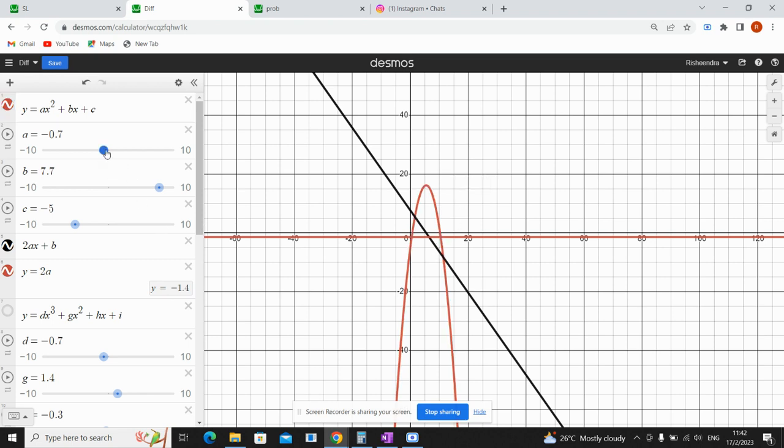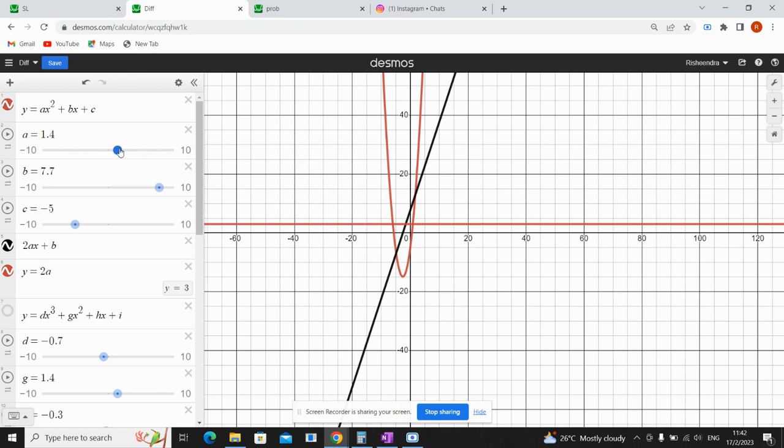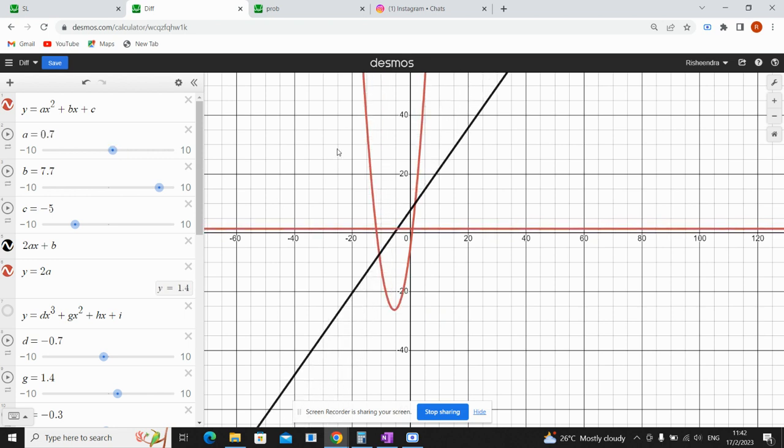So let's change the values a bit. Now the parabola becomes a U shape, and when we double differentiate it, the value is 1.4, which means it has a minimum.